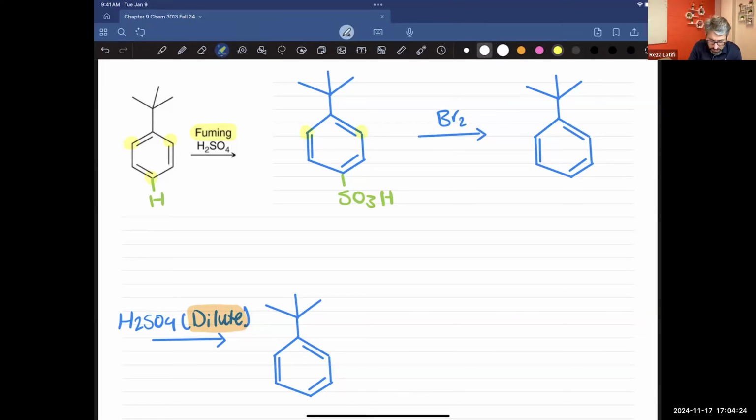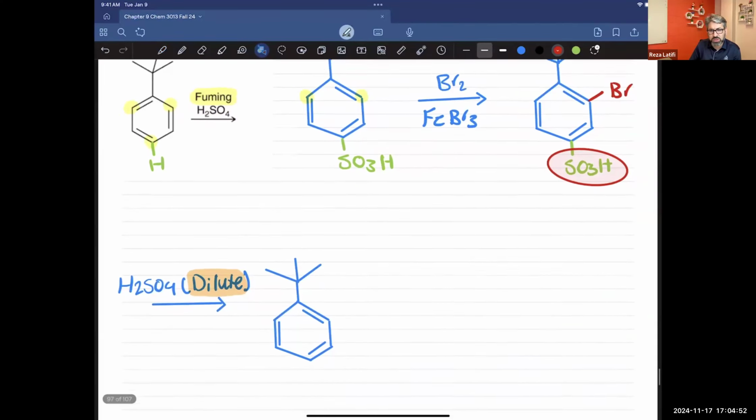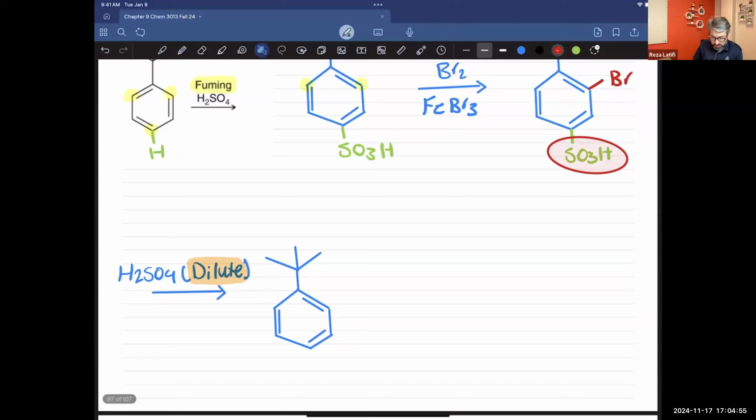So now we have Br2, and Br2 I can use in the presence of FeBr3, or a Lewis acid, and that's going to add bromide in the ortho position, while the para position is already taken by this substituent. So now we will have bromide there. Okay, this is our product, but we need to get rid of this substituent, and the way I'm going to get rid of it, I will use a low concentration. So this one will be a low concentration or diluted solution, while the first one was a high concentration.